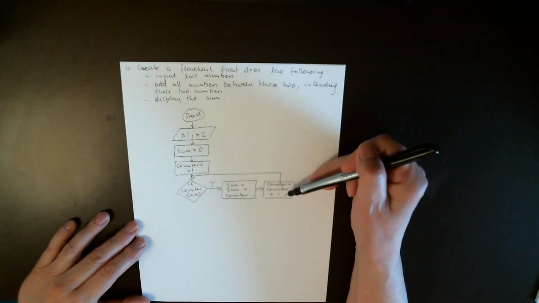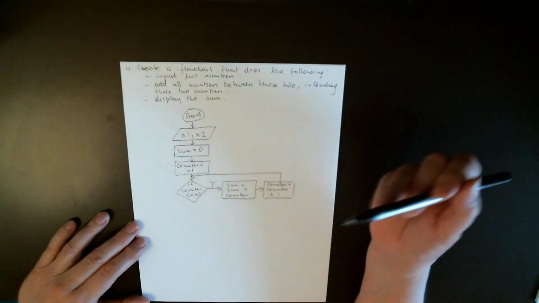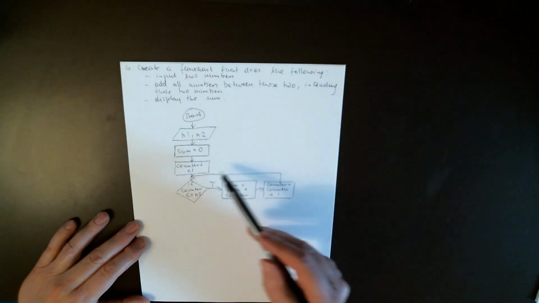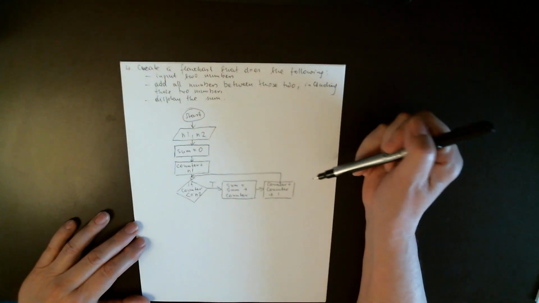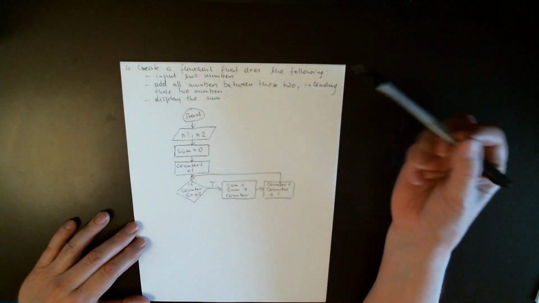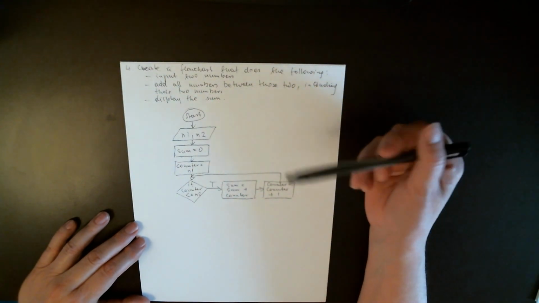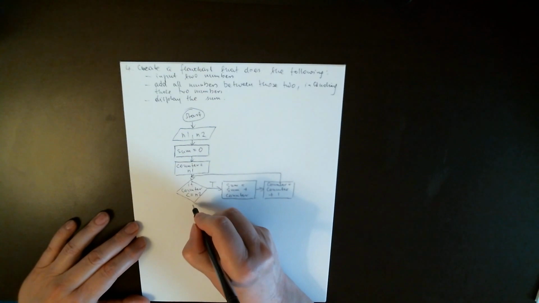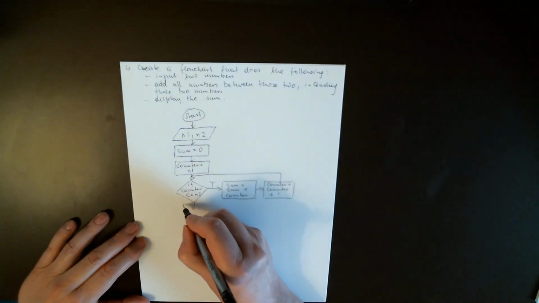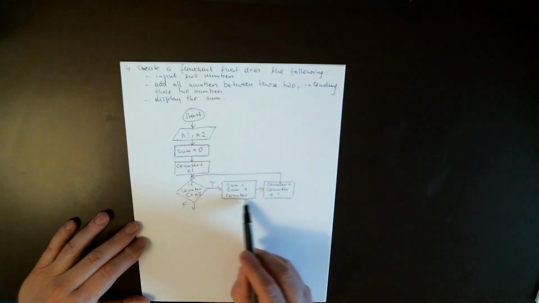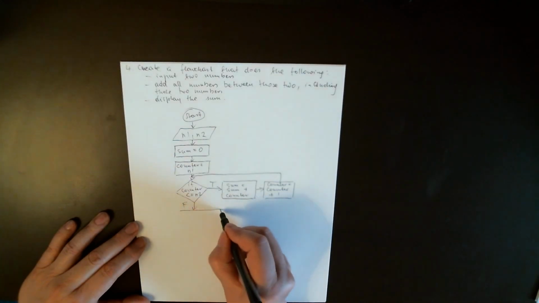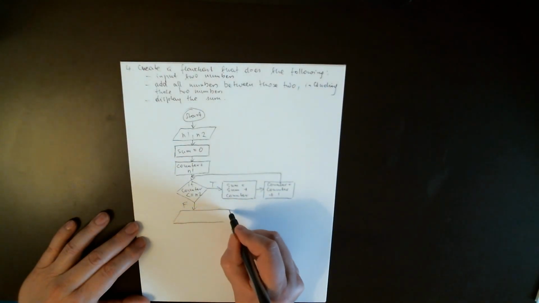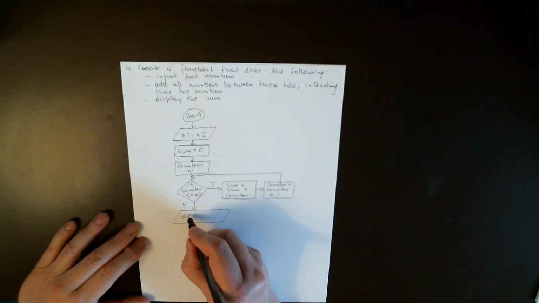And then we raise the counter by 1 every time we loop. Now, what's missing? Display the sum. When are we going to display the sum? When we finish counting. If the question is false, we finished our counting, and we just display our sum. All right.